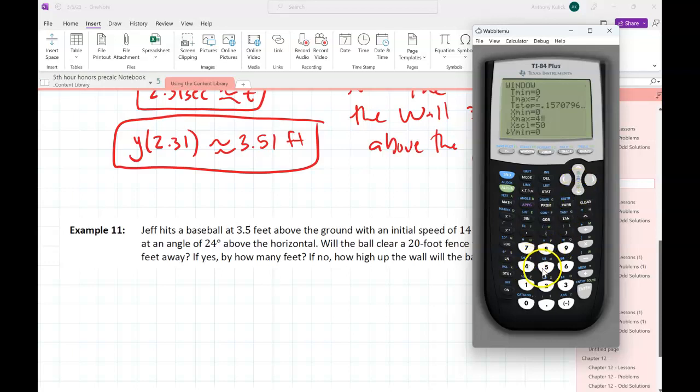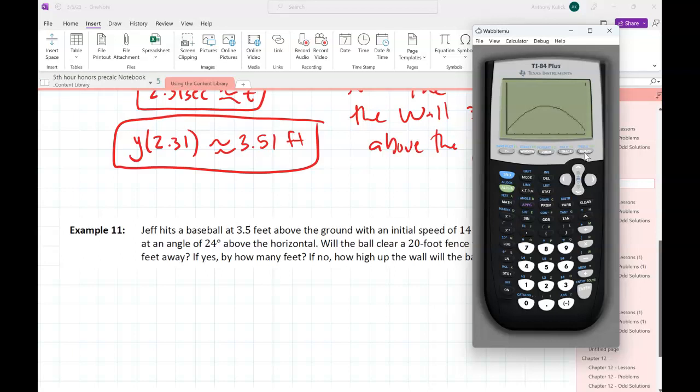Definitely need to change my X max because my wall is now 400 feet away, so let's make that 450. And I definitely need to change my Y max because this ball's hit much further up, so maybe I'll just make that 100. This feels like a little bit more of a home run shot than that line drive we hit before. Let's hit graph and see what we get.